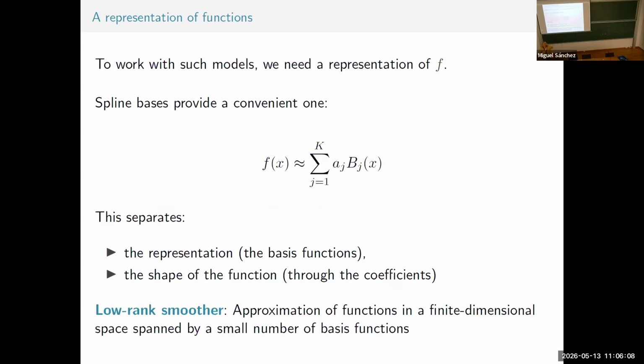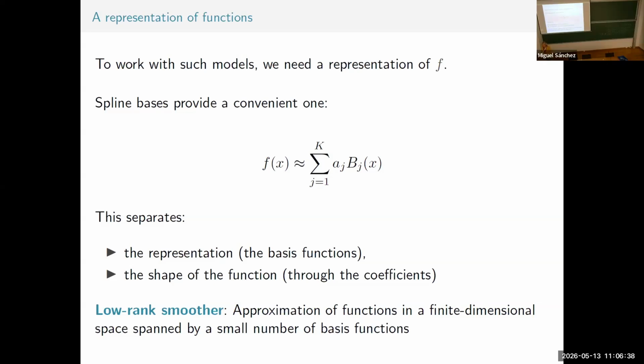So of course, what do we do? Well, we are going to use a representation for the function. And we are going to use some type of basis: thin plate spline, B-splines, cubic spline, whatever you want to use as a basis. A very important thing for us is that the bases have local support.